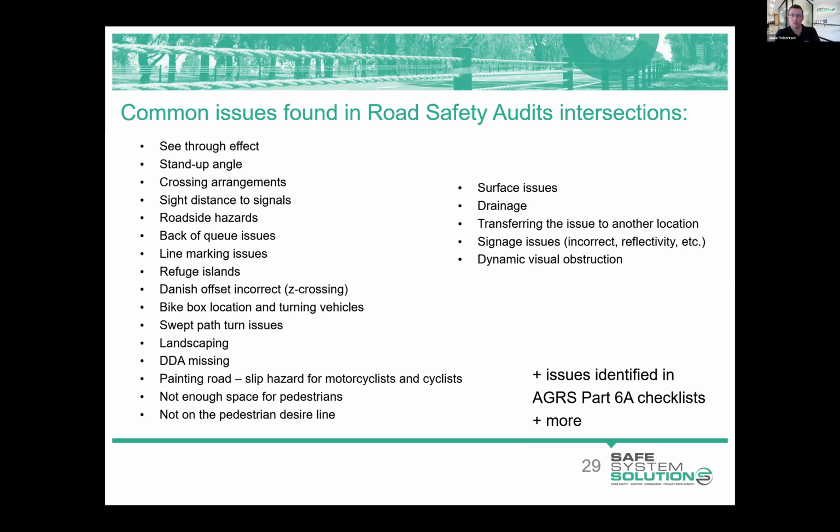So it's not an issue of there not being enough sight distance, but it's an issue of confusion. There are things we can do with mast arms and warning signs and other bits and pieces to try and address some of these situations.